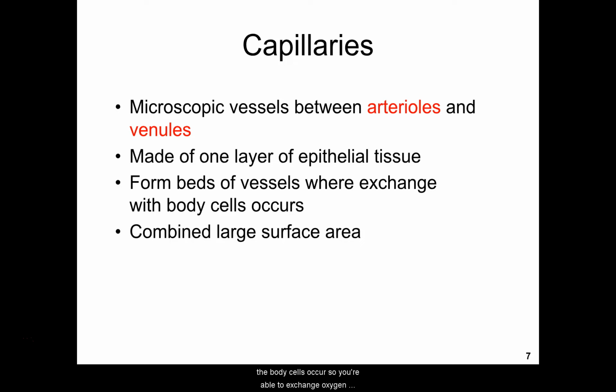So you're able to exchange oxygen through these capillaries. This thinness, this one layer, is so that they can maximize their surface area, so that exchange between them and the cells of your body is easier.